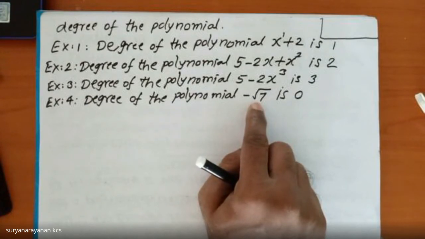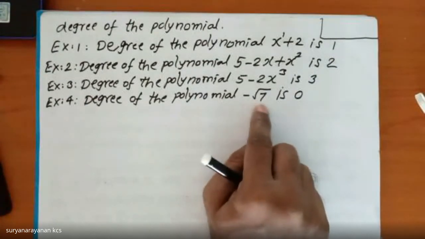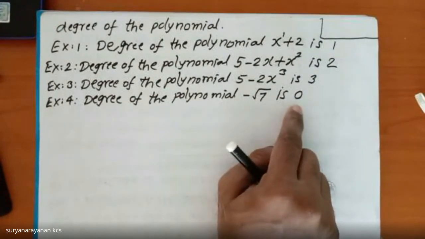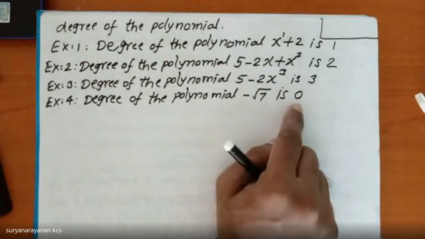Observation is very important. Here no variable is there, only one term, that too a constant term. So the degree of this polynomial is 0. Understood this point? Yes, sir.